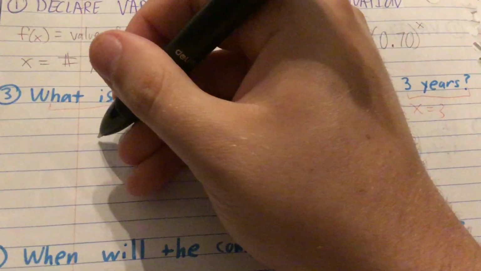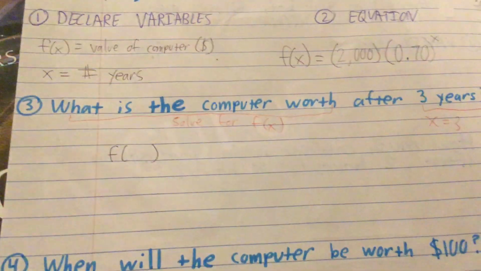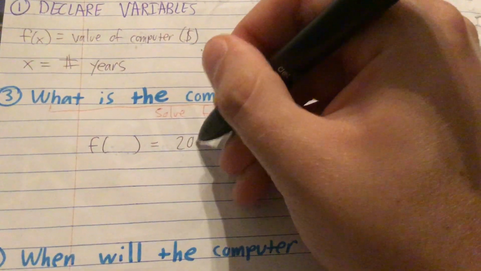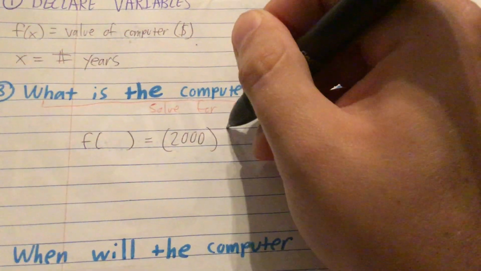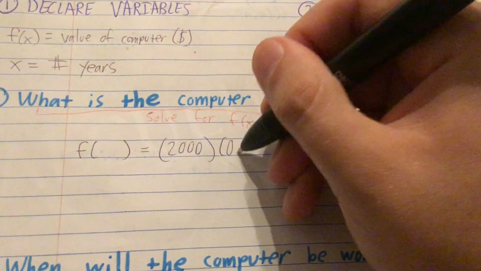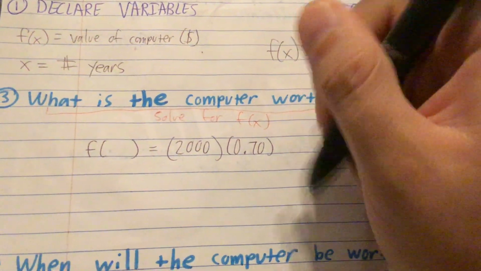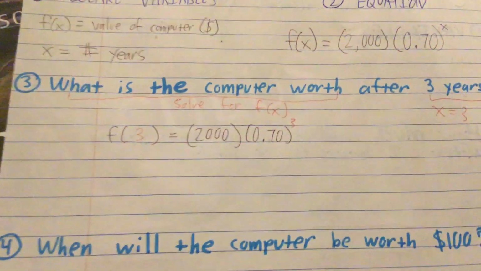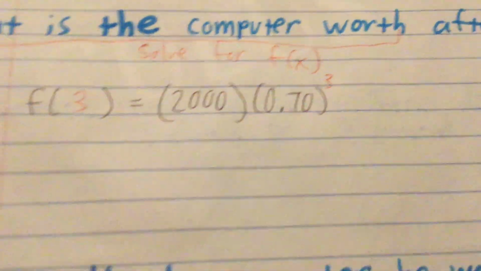So we're going to do f of 3 if the equation is 2,000 times 0.70 to the x power. In this case, f of 3 means plug in x equals 3 into this equation.